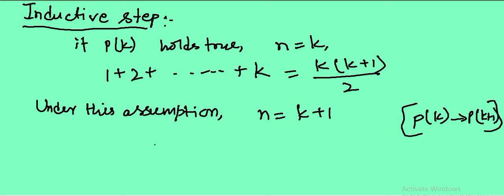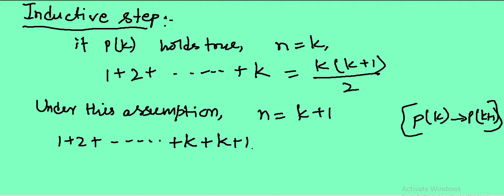Now we have to add k plus 1, because this is up to k, and then we have to prove that it is true for k plus 1 also. So we will write 1 plus 2 and so on plus k, and then for the next number, which is k plus 1.